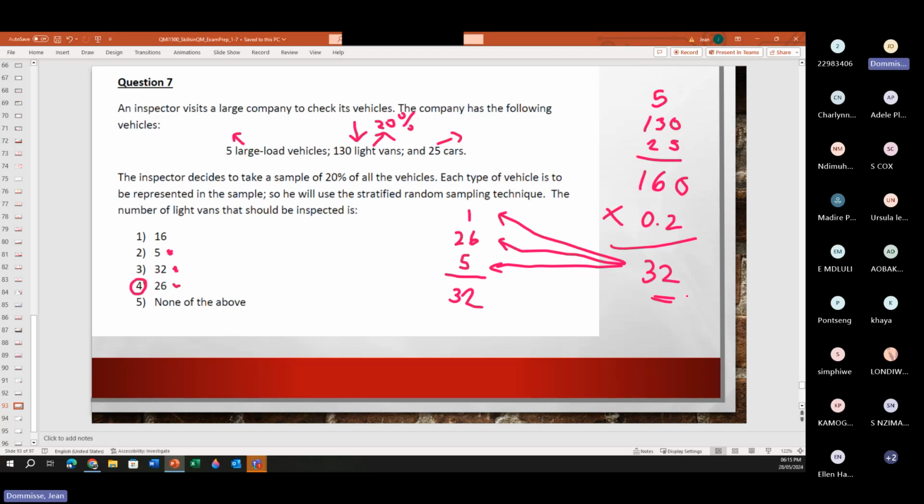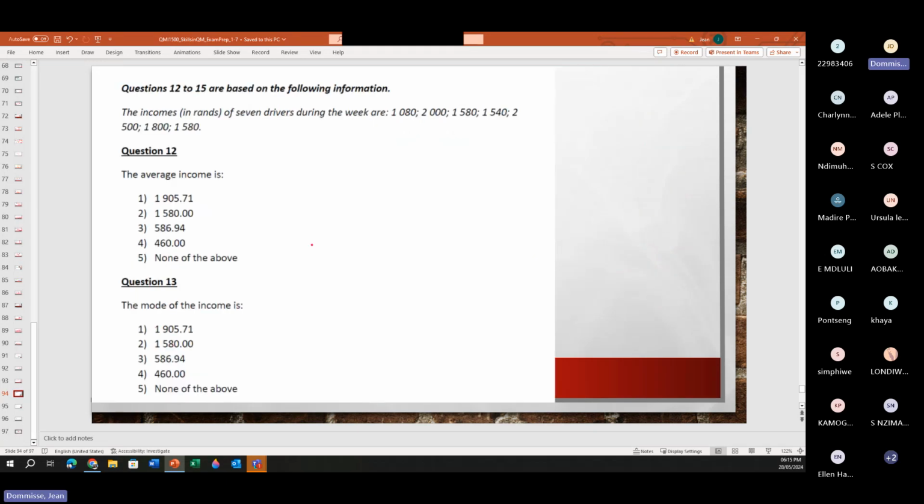Okay, so let's look at the next one. It is now more to do with average and modes.